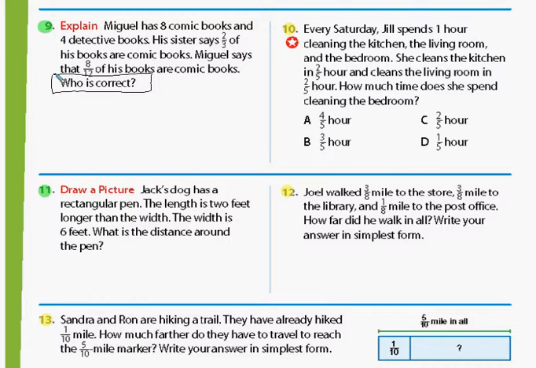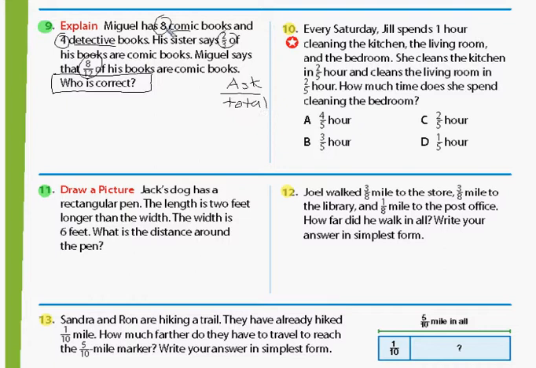He has 8 comic books and 4 detective books. His sister says he has 2/3 and he says he has 8/12 are comic books. So it's part over total. I'm trying to figure out the fraction of his books that are comic books.